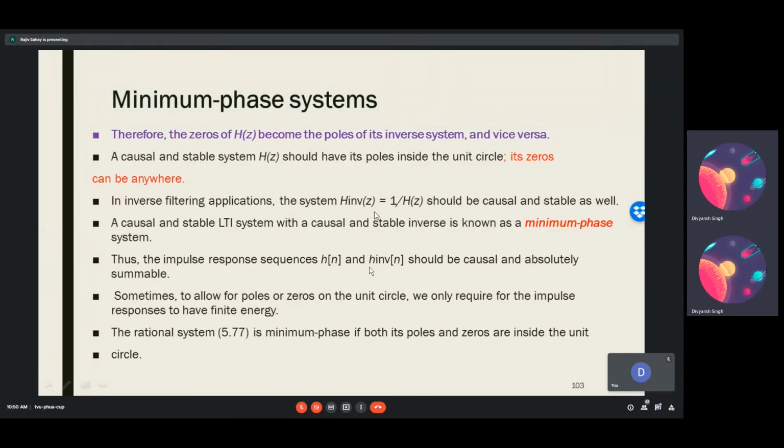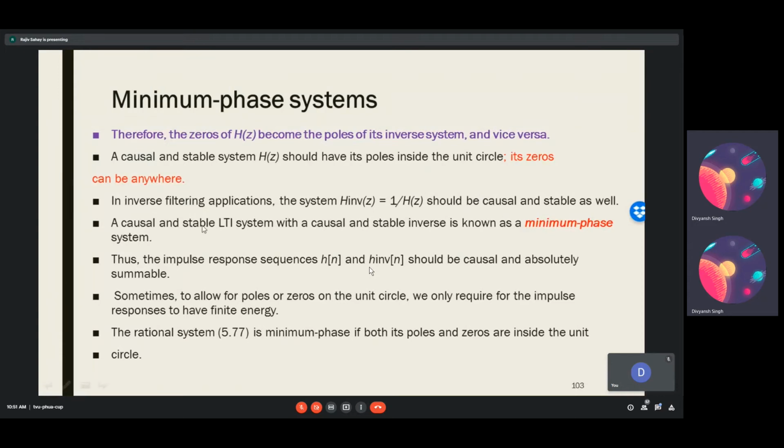To practically realize that inverse filter, the filter should be causal and stable. So what happens if the inverse filter has poles outside the unit circle? That is going to be trouble.